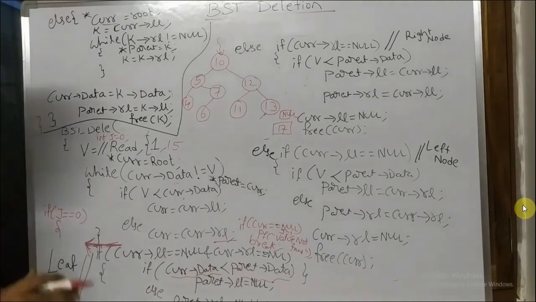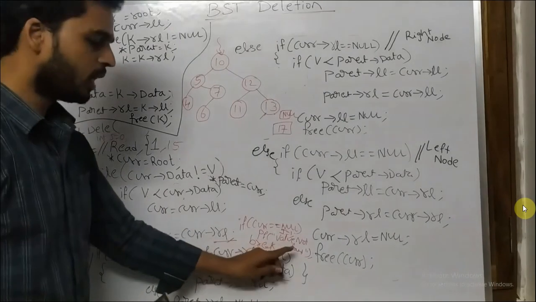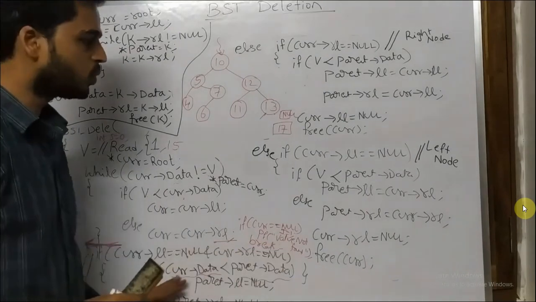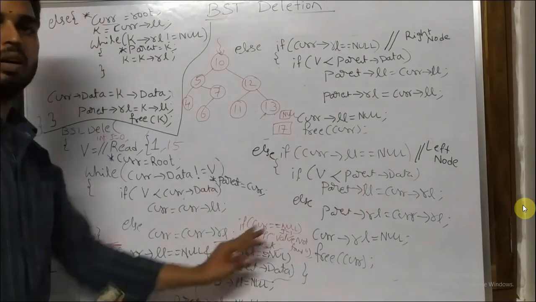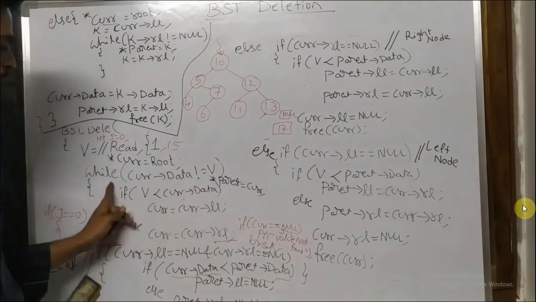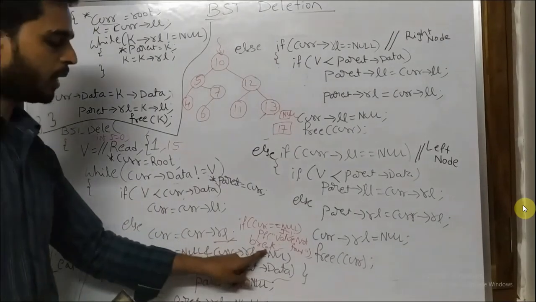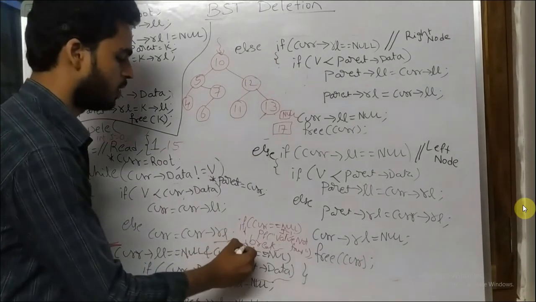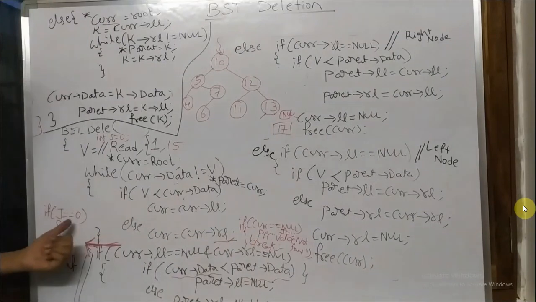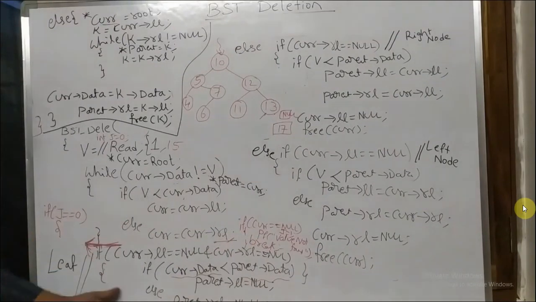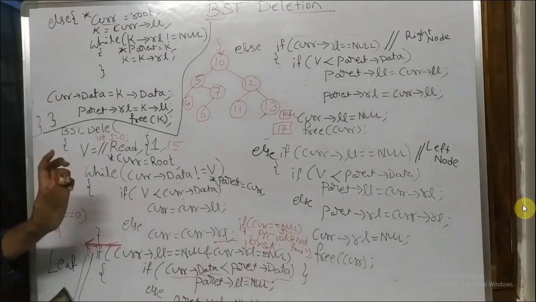When the j value is 1, value not found, and I don't want to execute the remaining block, so I have written break. That is the reason I write: when the j value is 0, then only I need to execute this entire statement. That's it. Okay.